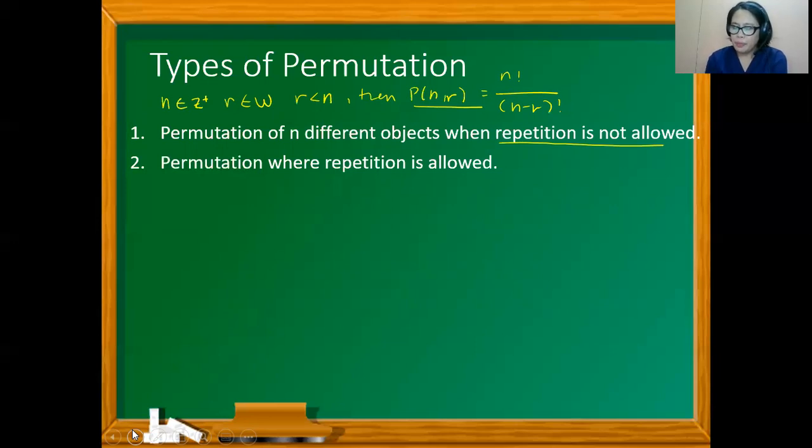So the permutation of objects when repetition is allowed is equal to n times n times n, up to r times. Therefore, permutation when repetition is allowed is equal to n to the r.